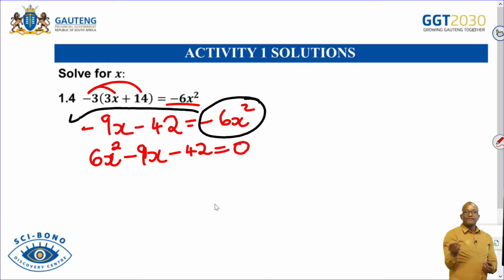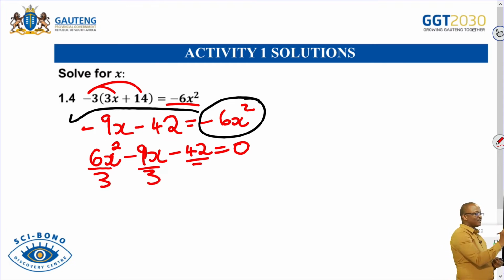Now we have bigger numbers that we can deal with, but you know that all the time you must check if ever you have a factor that you can divide throughout, then you can work with smaller numbers. When I'm looking at 6, 9, and 42, I know that the highest common factor is 3. So I divide here by 3, here by 3, and that one by 3. Remember, what you do on the right, you also have to do on the left.